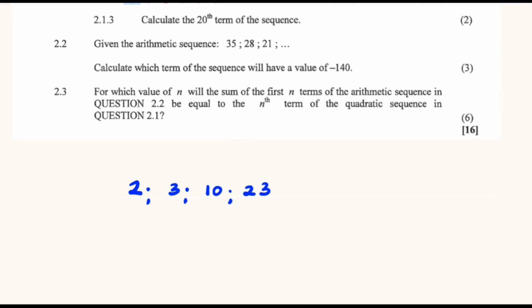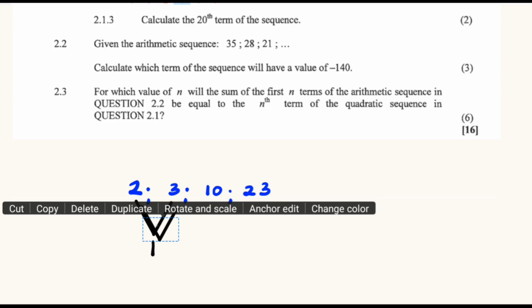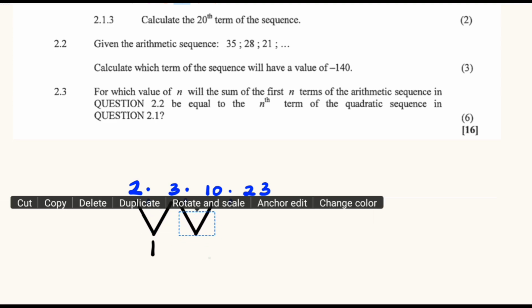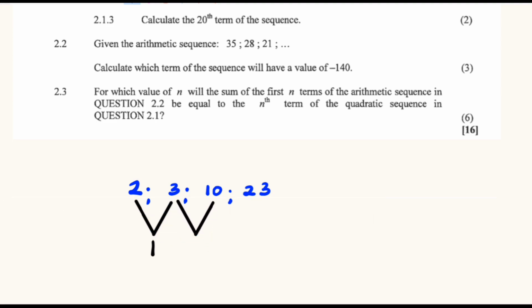For our first differences, we have 3 minus 2, which is equal to 1. And we also have 10 minus 3, which is equal to 7.